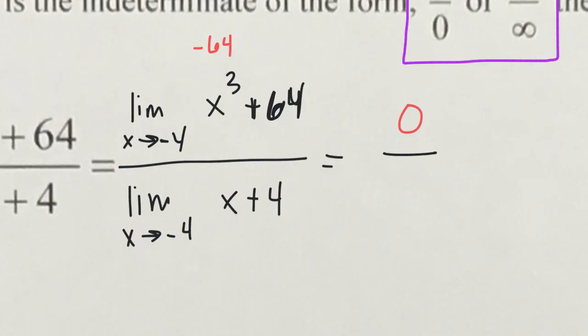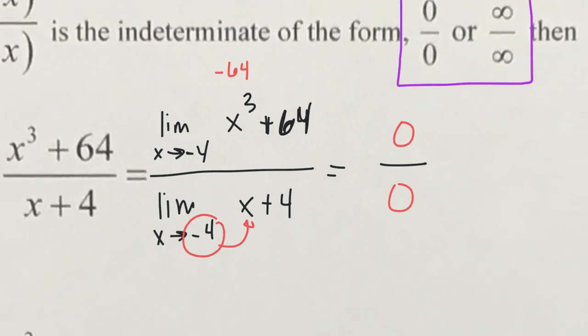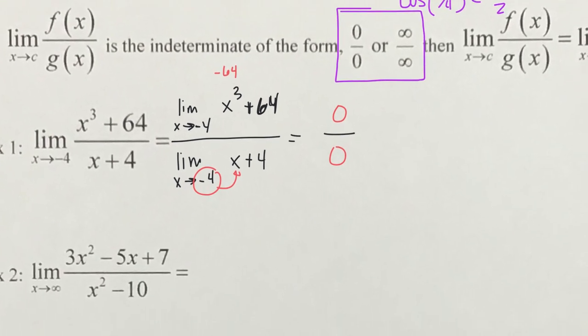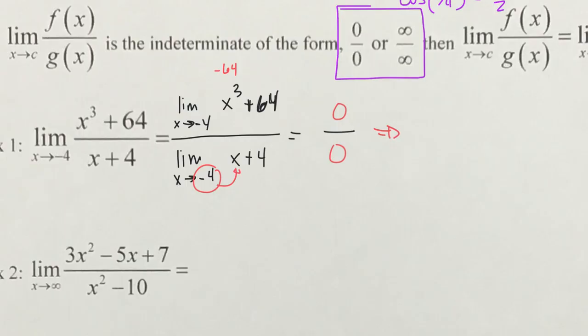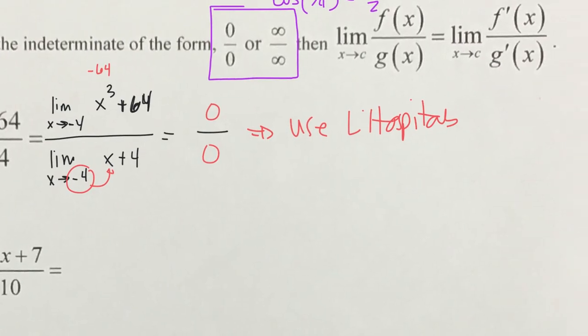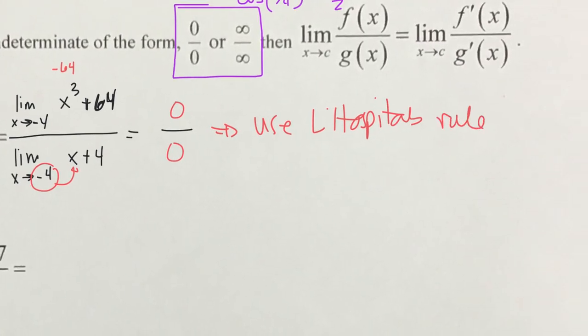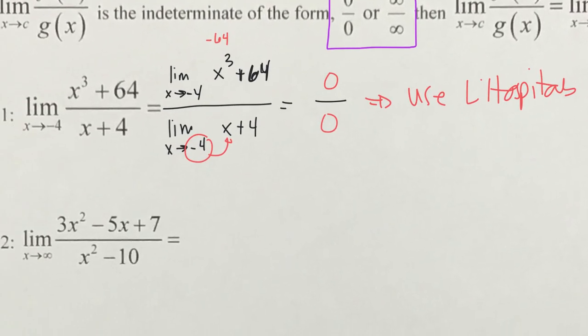Okay, and then in the denominator, when I plug negative 4 into here, negative 4 plus 4 is 0. Okay, so we do in fact get the indeterminate form when we plug in negative 4 into our numerator and denominator. Okay, so we can say that we can use L'Hopital's rule, which says, let's take the derivative of our numerator and our denominator.